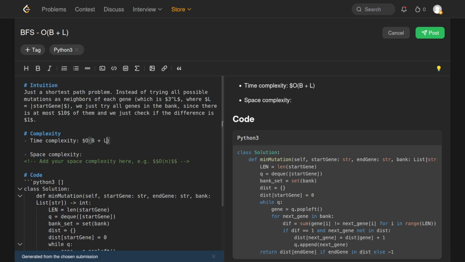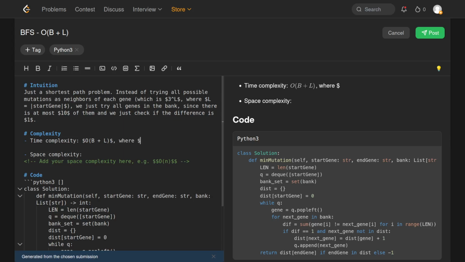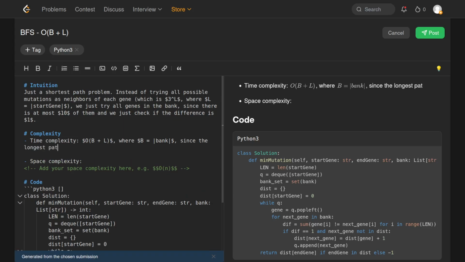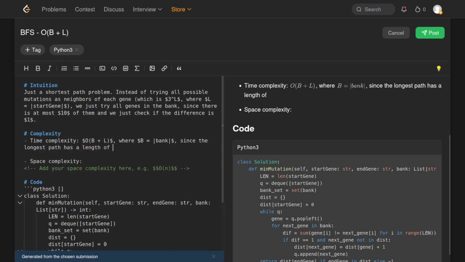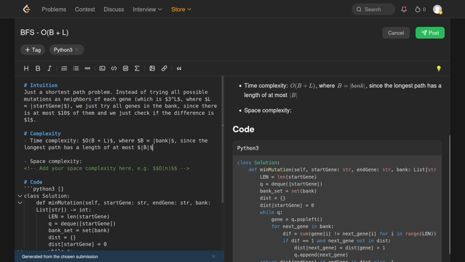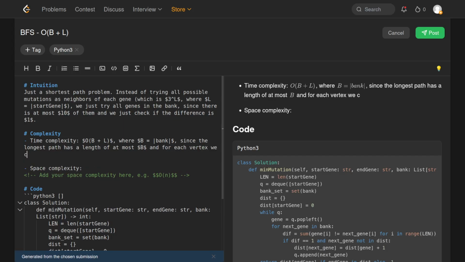O of B plus L, where B is the bank, since the longest path has a length of at most 10, at most B, and for each vertex we compare.